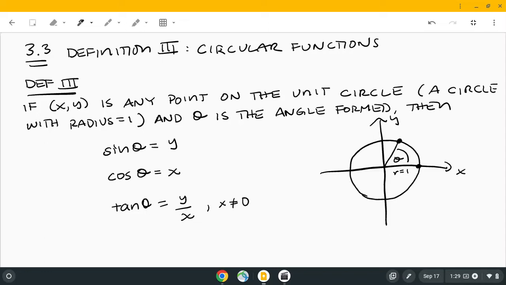Okay, and so here, sine theta equals y, cosine theta equals x, and those two come from that point right over there.